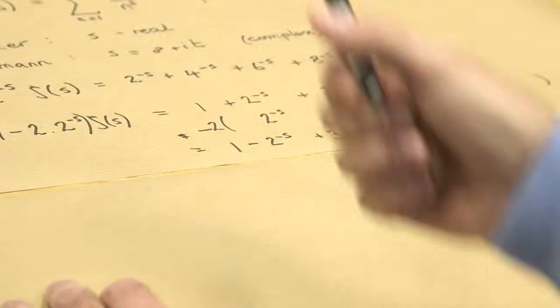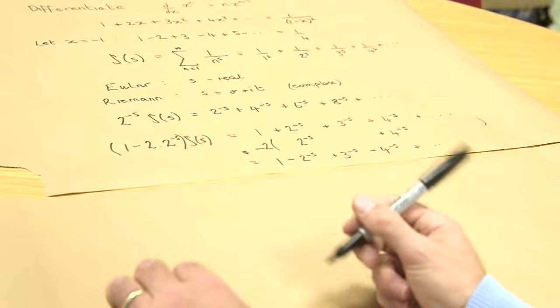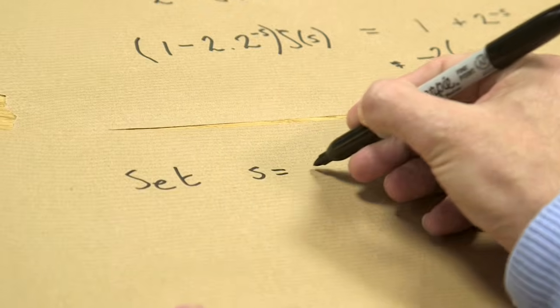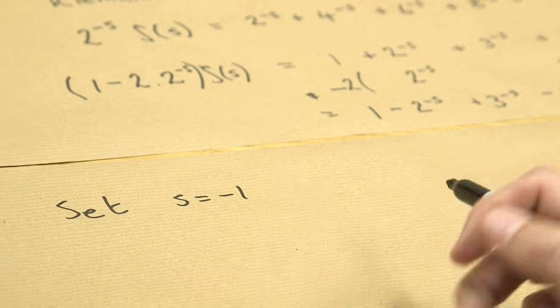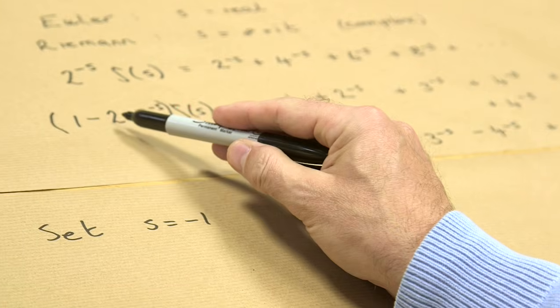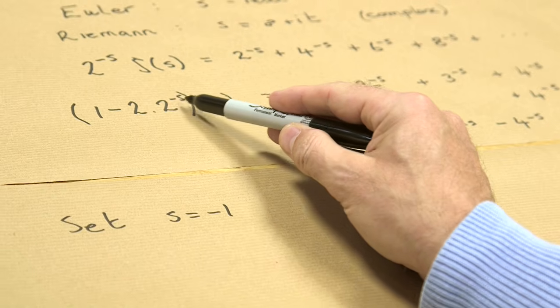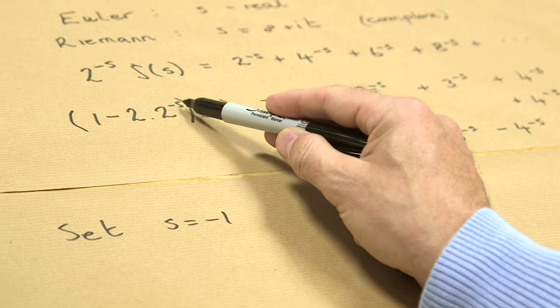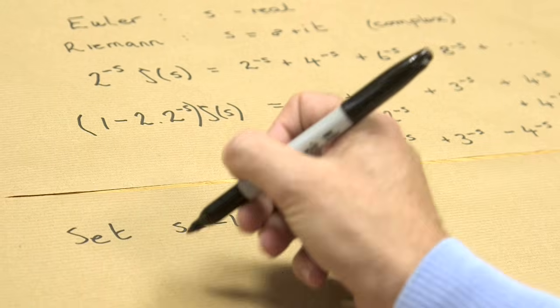So now, as he did above when he set x equal to minus 1, he sets s equal to minus 1. Now let's ask what this expression looks like. On the left-hand side, we've got 1 minus 2 times 2 to the minus 1, which is plus 1. So it's 1 minus 4, which is minus 3.